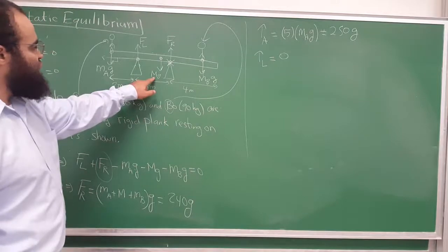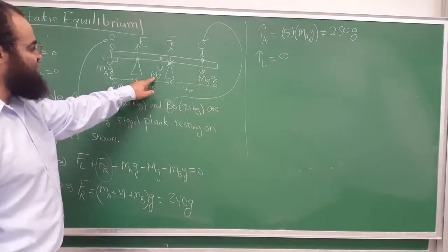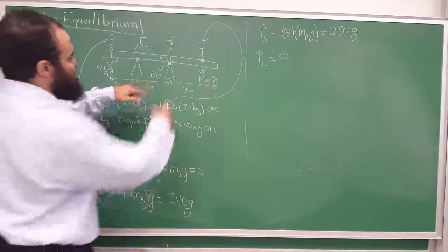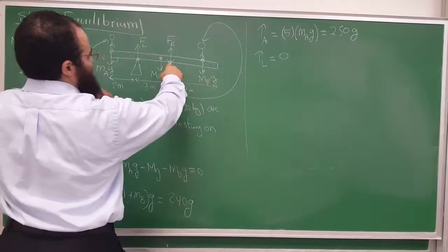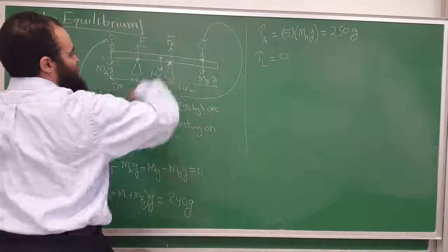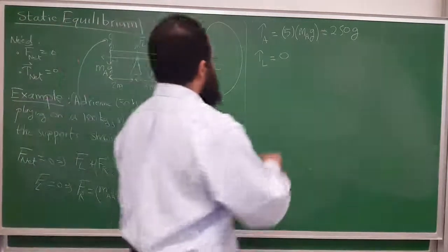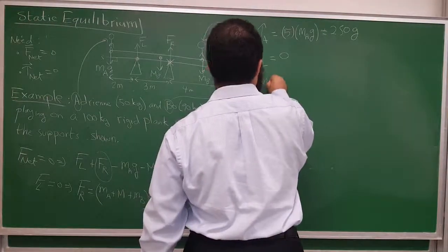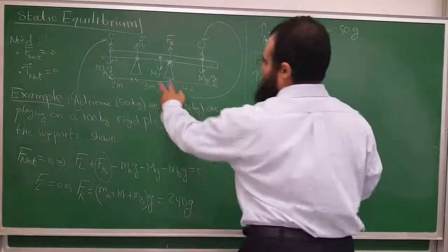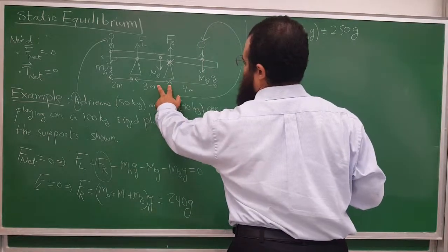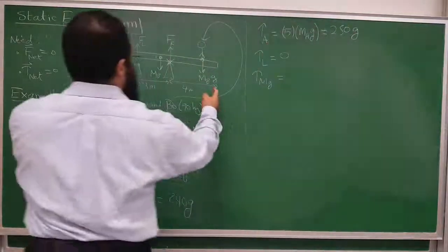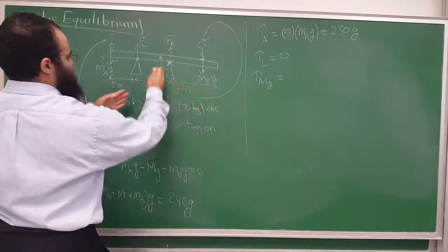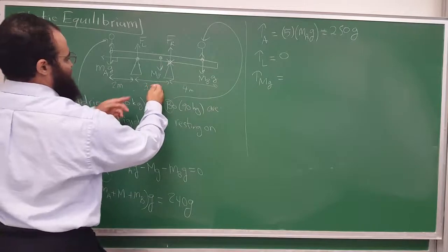The torque due to the weight of the plank itself, the center of mass, is counterclockwise because, again, here is the support and mg is this way, so it's trying to rotate it counterclockwise. So the torque due to capital mg will be the distance from the mg to here. Well, how far is it? The whole thing is 9, so the mg is at 4.5.